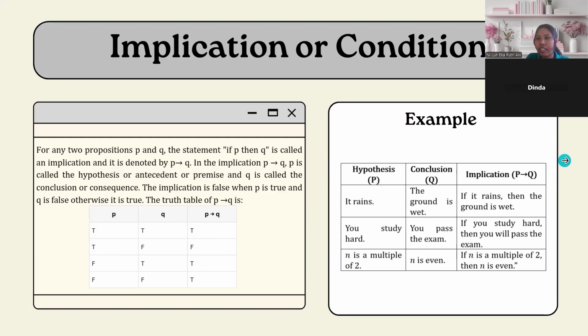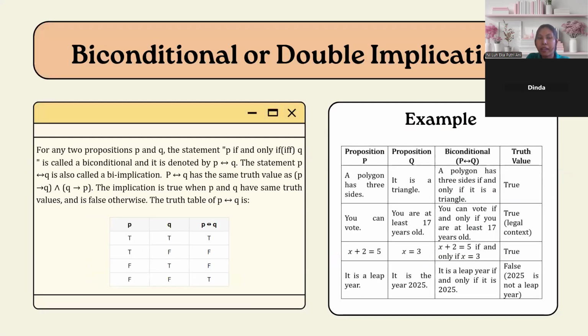Okay, next. The next topic is the biconditional, or double implication. For any two propositions P and Q, the statement P if and only if Q is called a biconditional, and it is denoted by this. The statement P if and only if Q is also called a bi-implication.